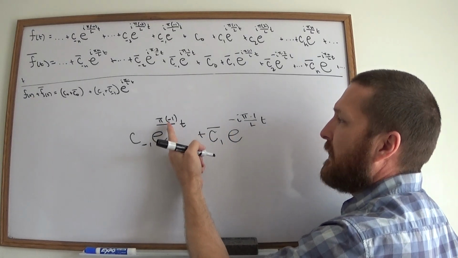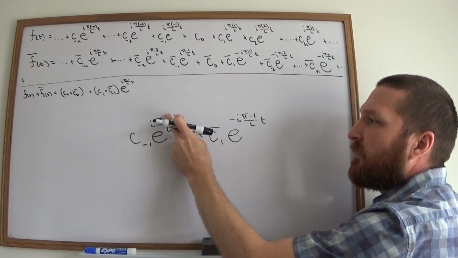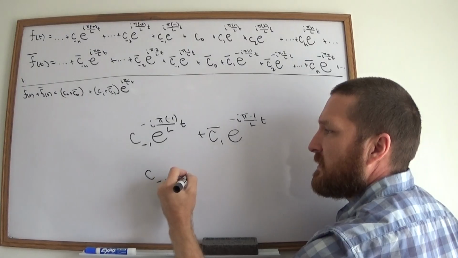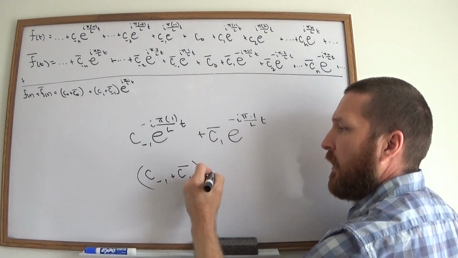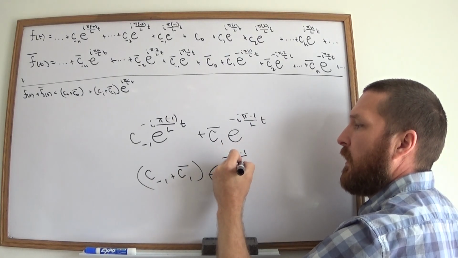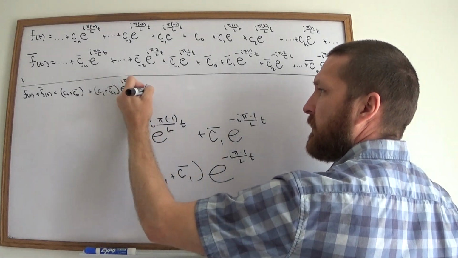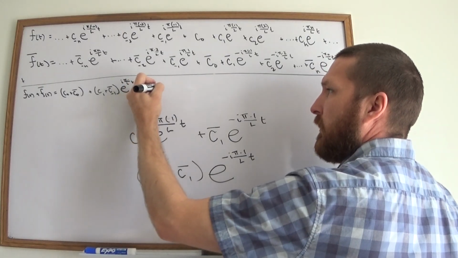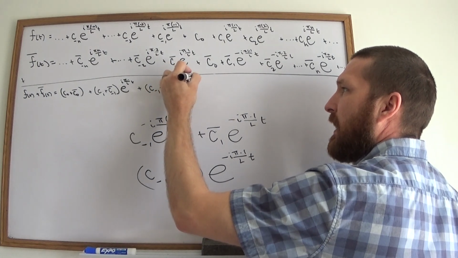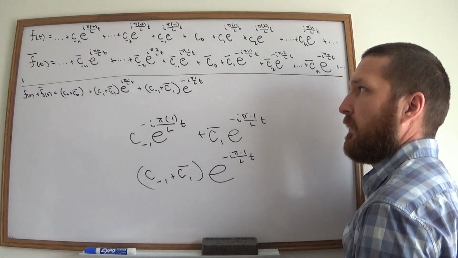I didn't put an I there, sorry about that. I could pull this negative all the way out, and what we get is C negative 1 plus C positive 1 bar, and what pops out is negative I pi times 1 over LT. So the next term here is C negative 1 plus C positive 1 bar e to the negative I pi 1 over LT.